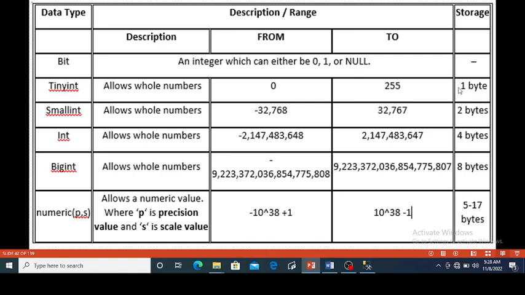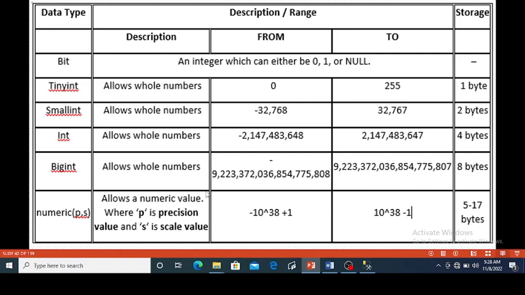As you can see here, we have 1 byte, 2 bytes, 4 bytes. Bigint allows whole numbers, but you can see we have many numbers, which is 8 bytes. If we remember very well, one byte is made of 8 bits.